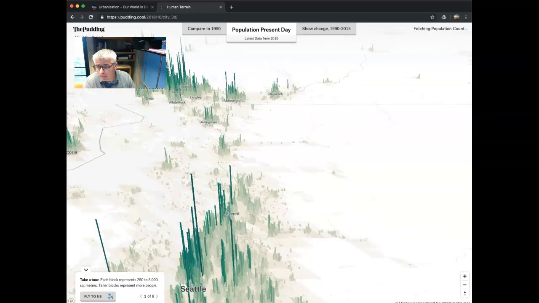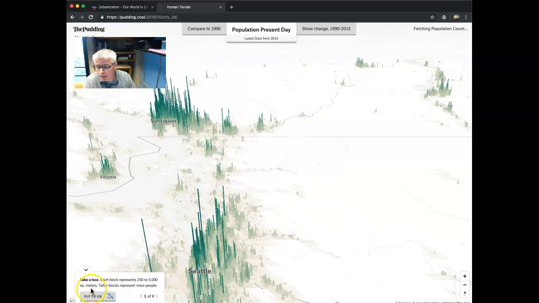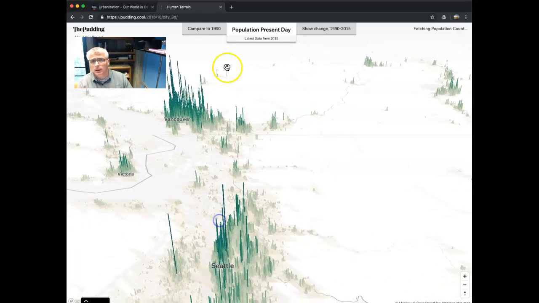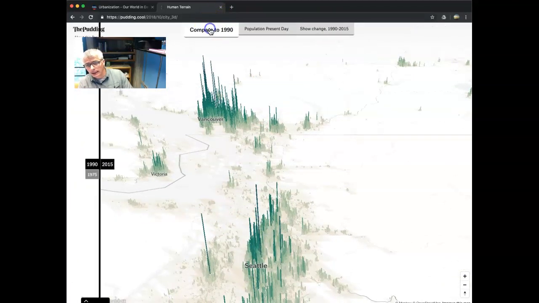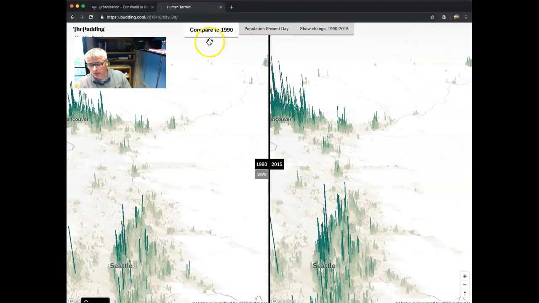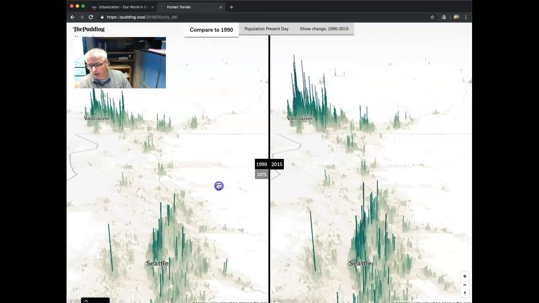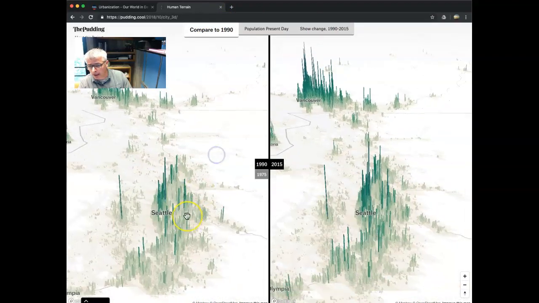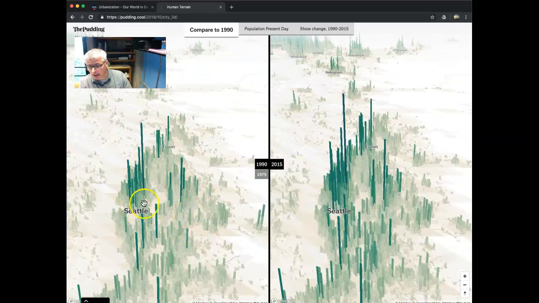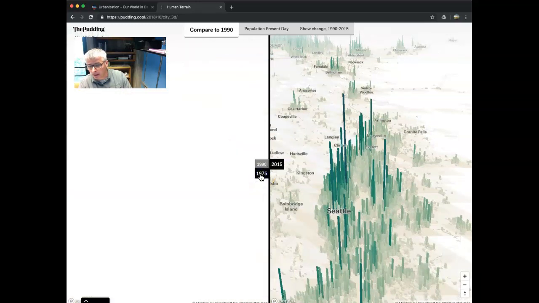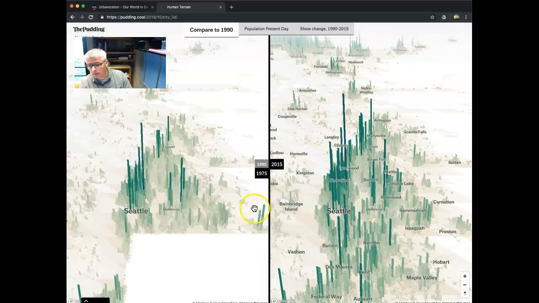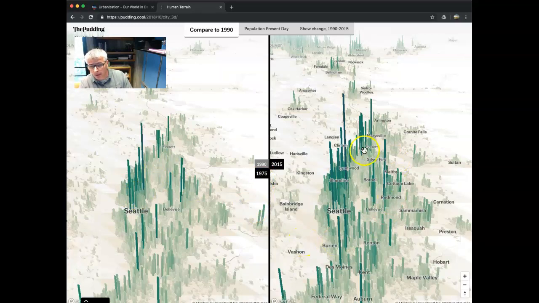Another thing we can do is look at population changes through time. So we can compare to 1990. This puts us in split screen. And we can look at Seattle in, let's go to 1975. 1975 compared to today.